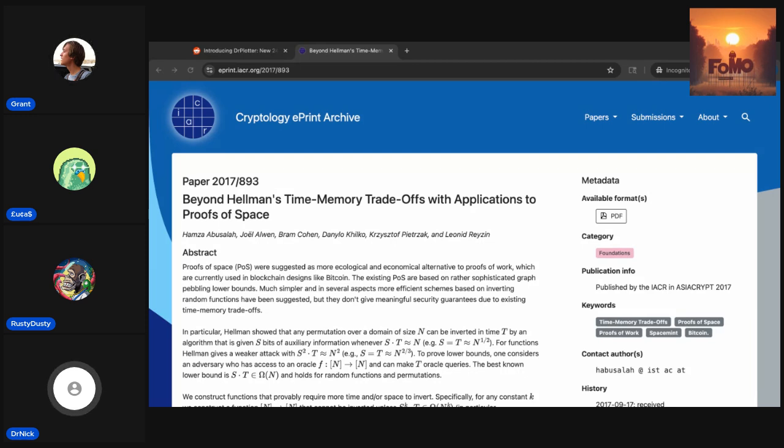Yeah, for sure. So the proof of space chip is basically in draft. There's still a number of benchmarks I need to do so I can present the results.